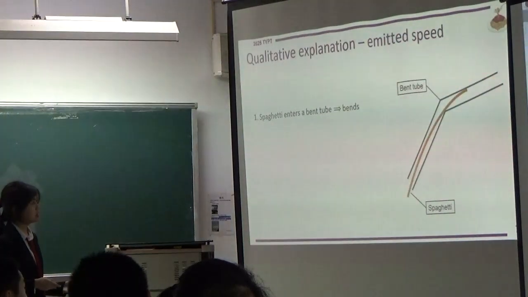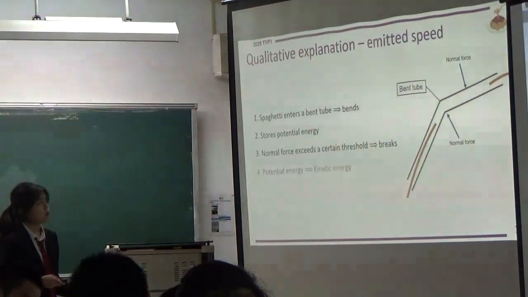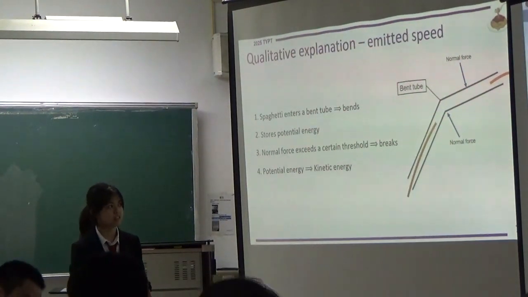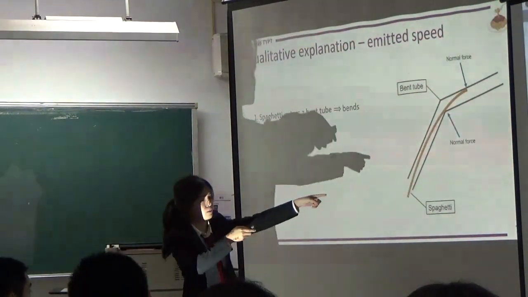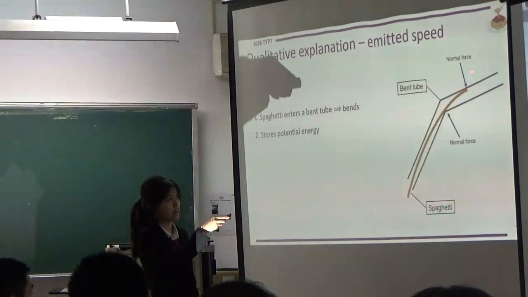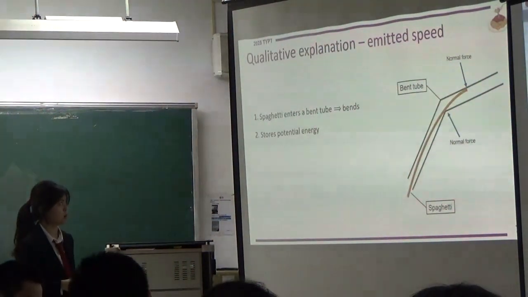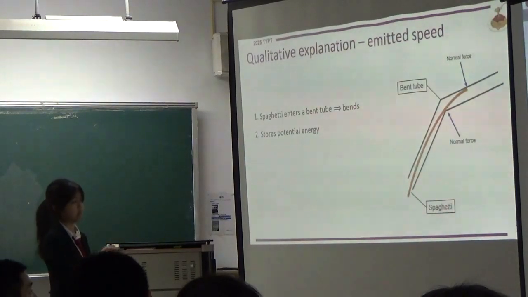For the qualitative explanation, we would like to talk about the emitted speed. When we push the spaghetti inside a bent tube, it bends due to the normal force right here, which has two contact points. Then the bent spaghetti will store potential energy, which is the elastic potential energy of the spaghetti.